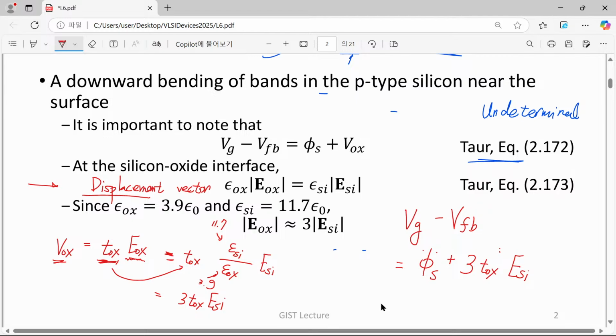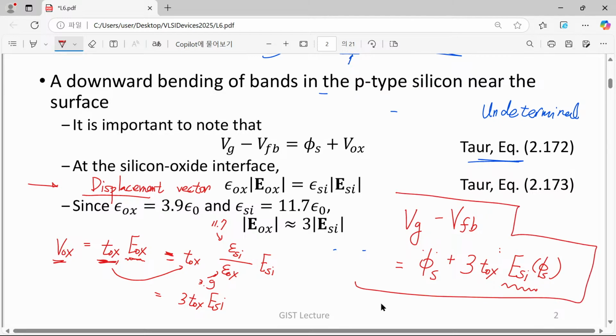The magic comes from now on. If we can express this silicon electric field in terms of phi sub s, let's assume, if we find an expression of the silicon electric field in terms of surface potential, then this MOS equation itself can be regarded as just one equation for one unknown variable.